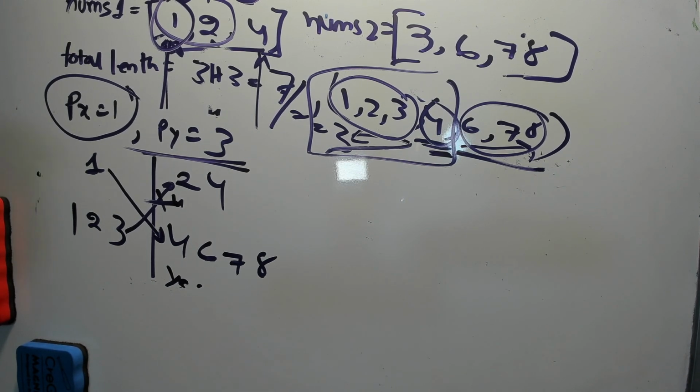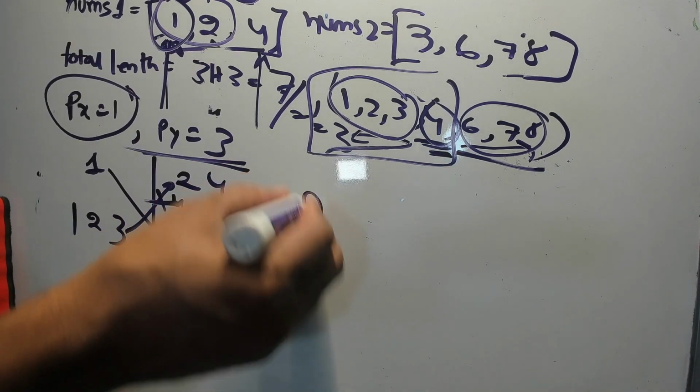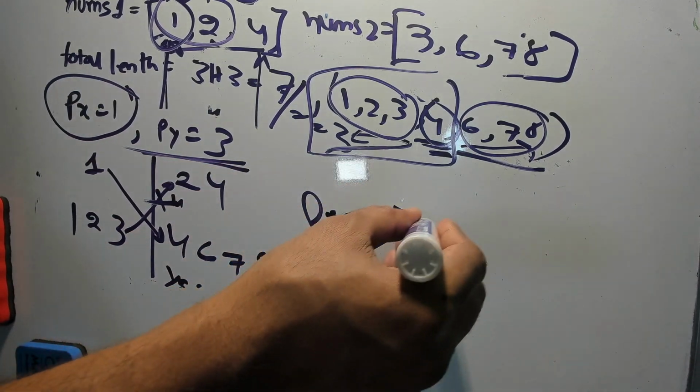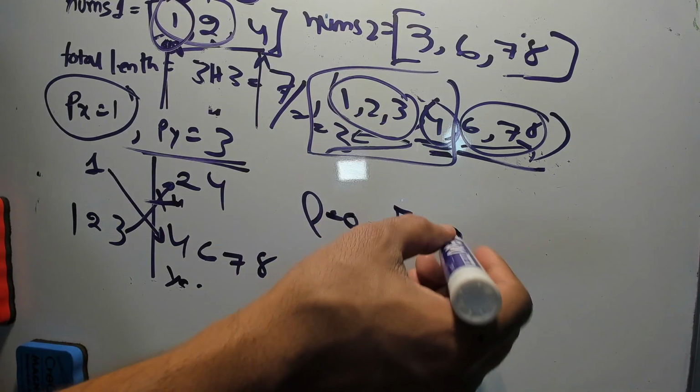So here our L will become, that is, our first L was 0, and R was the length of the first array, right?